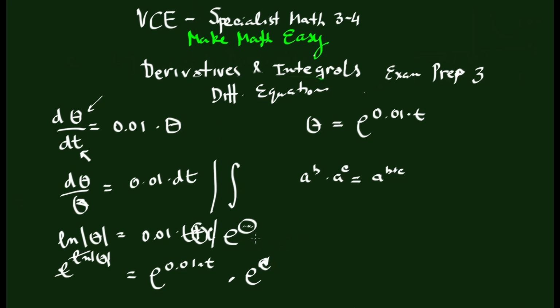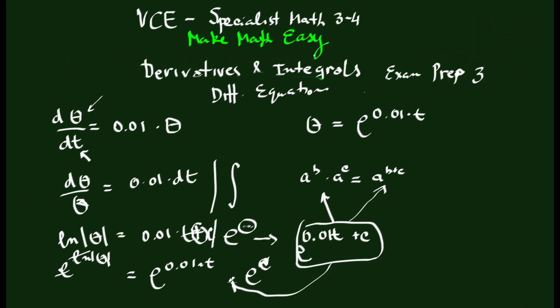If this is not clear, just to make this more clear, what we have on this side is 0.01 t plus c, and then all of it when you put e on that. So that's that bit, and that shows that bit there.